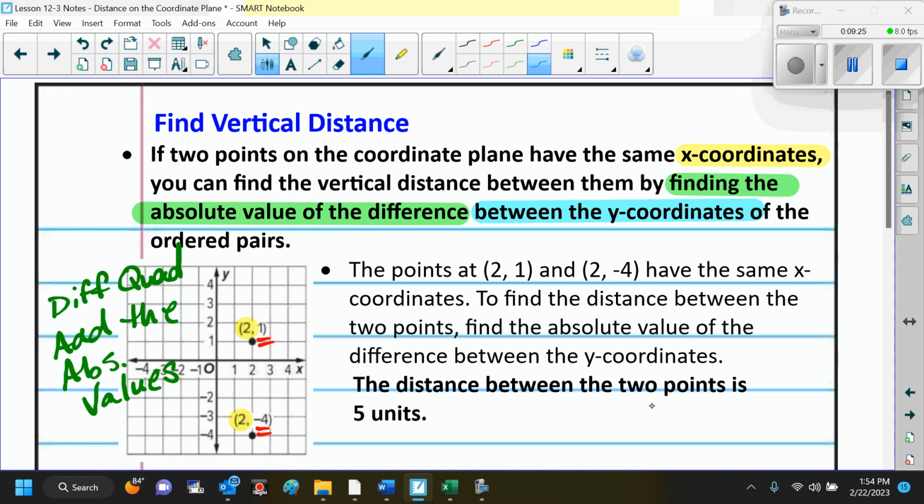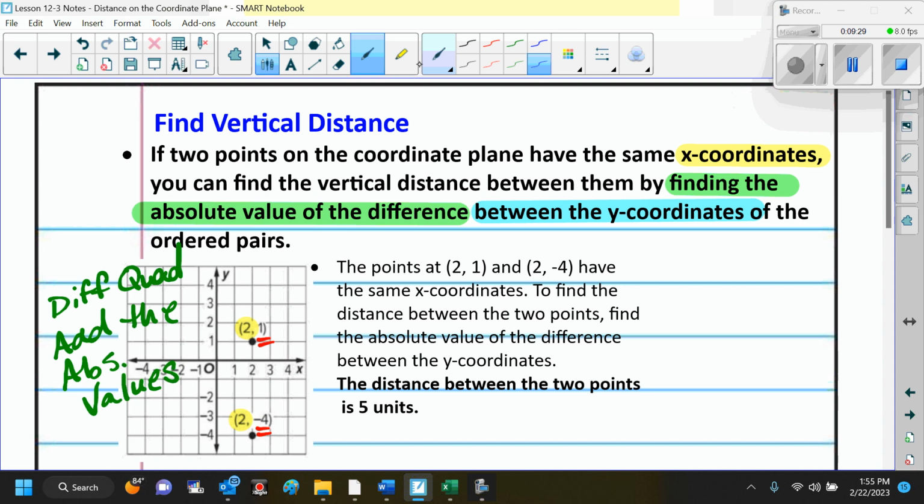I'm going to write it up here. So we have the absolute value of 1 plus the absolute value of -4. That's 1 plus 4, which is 5 units. So let's take a look over here. So this is 1, 2, 3, 4, 5 units apart. Good, we were correct.